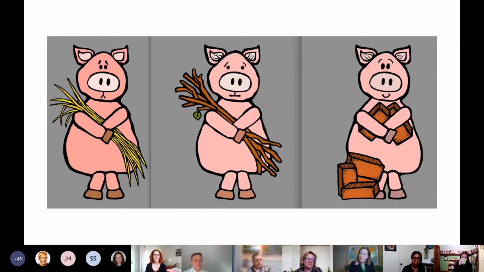And they said, what are you doing? And that pig said, I want to make my house out of bricks. And when that wolf came along and huffed and puffed and blew as hard as they could, you know what happened? That house stood strong.